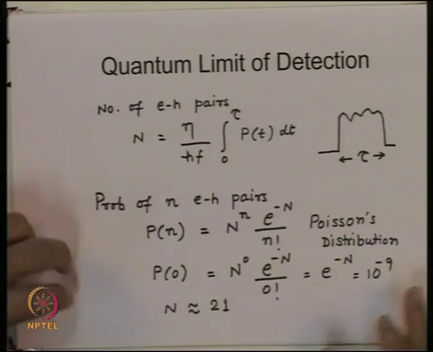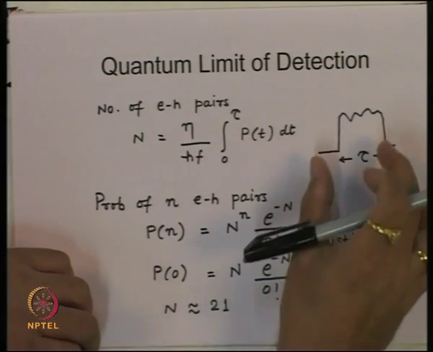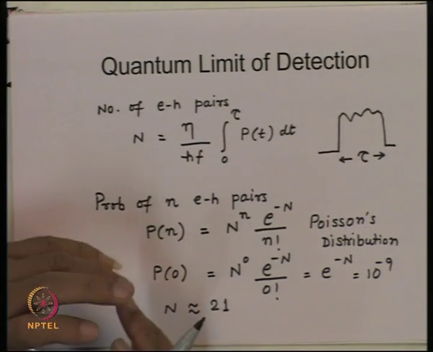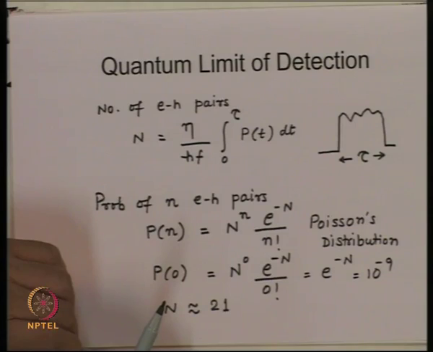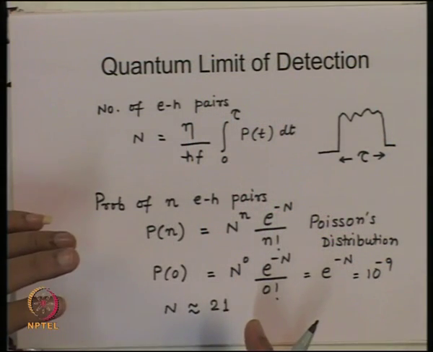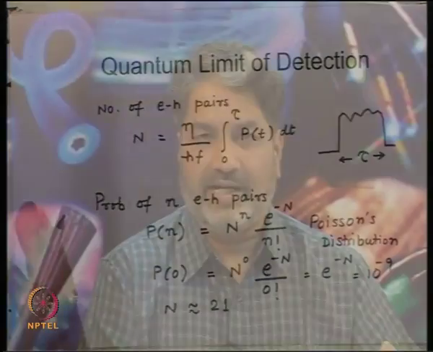Or in other words, as the data rate increases, the bit duration becomes smaller and smaller, and for getting the 21 photons on average during 1 bit period, you get more and more photons per second, because there are more and more bits per second as the data rate increases. So, essentially what we are saying is, as the data rate increases, we have proportionality between the number of photons per second and the bandwidth.